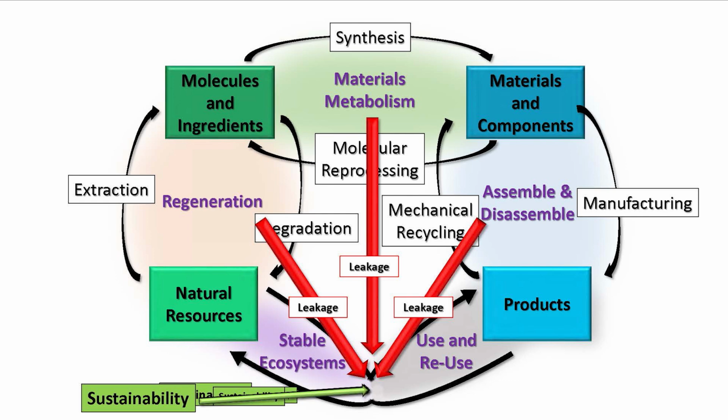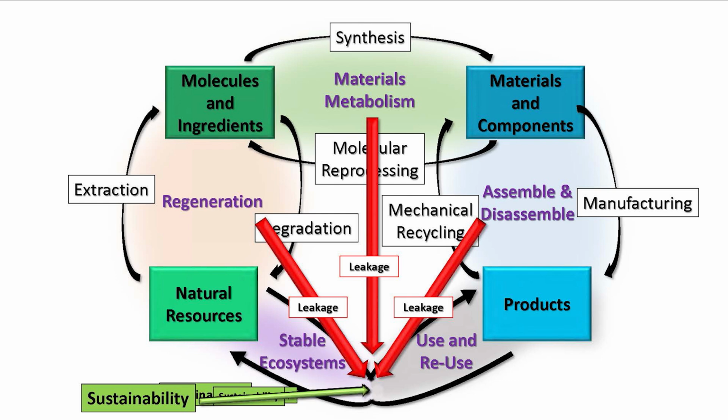And what we're doing right now, in addition to all the problems that we haven't invented, when we do manufacturing, there's always emissions in the environment. There's always leakage. That creates a porosity in the interface, and we lose some of our sustainability. When we do synthesis, there's leakage in the environment, and we lose sustainability. When we do extraction, there's leakage in the environment, and we lose sustainability.